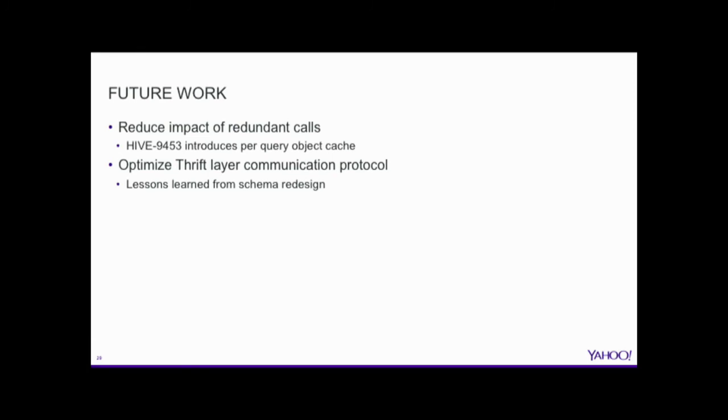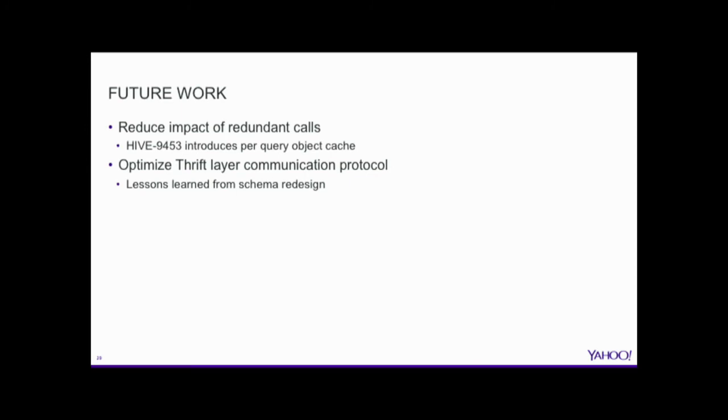So Hive 9453 introduced a mechanism to better handle this. It's a caching mechanism at the RawStore level, which allows us to, on a per query basis, cache objects and just pull them back, as opposed to having to rebuild them from the database every time an operation is encountered.